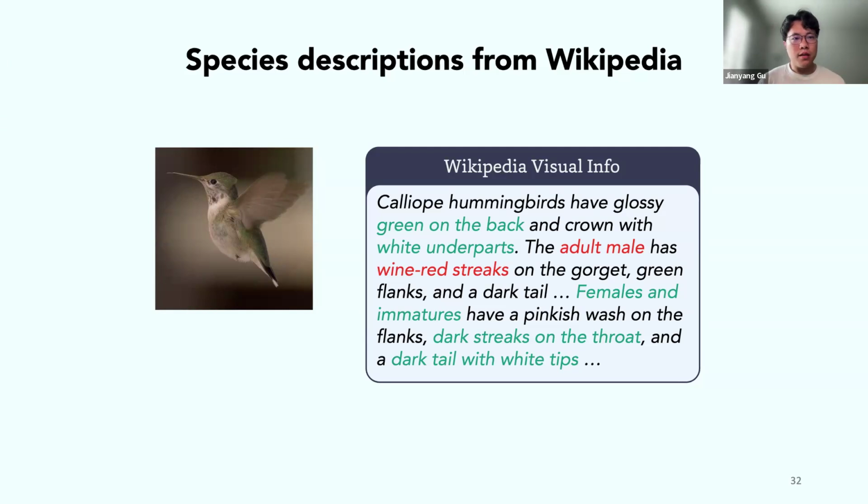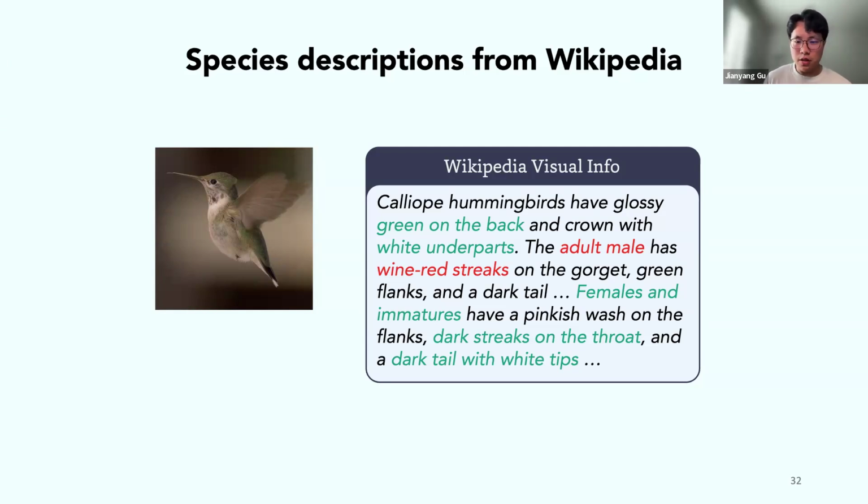For example, this image is a female hummingbird, but if we directly use the visual information from Wikipedia, we have the risk of using the male descriptions. We have a risk of matching the male descriptions to this female image, and that's not what we want.